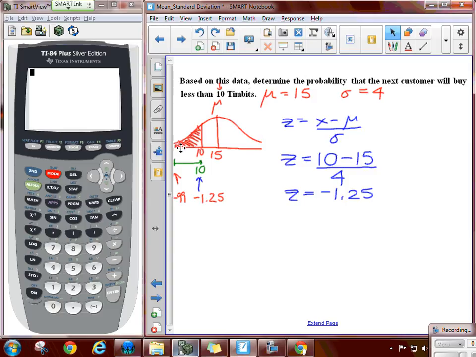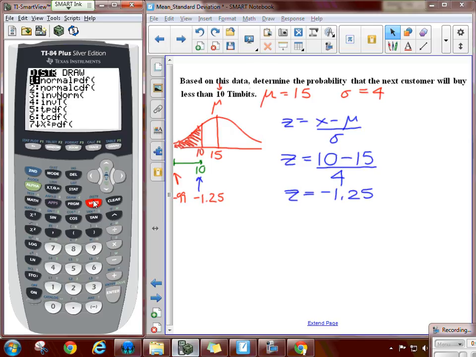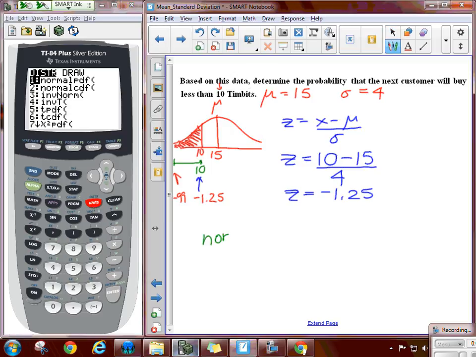So the next thing now, to calculate this on our calculator, we went to distribution, which is right above the vars button. So if we go above that vars button and you go second function vars, we used normal CDF. So we're going to do normal CDF. And when we use normal CDF, we always talk about the lower limit moving up to the upper limit.